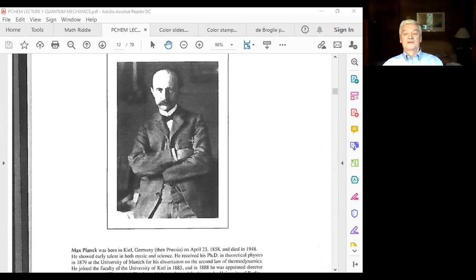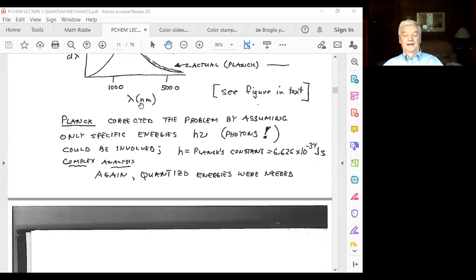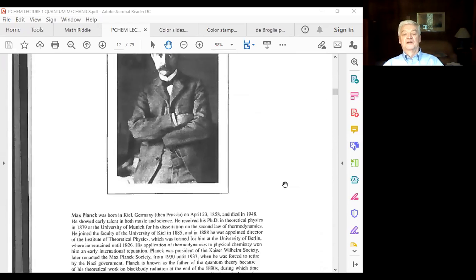I spent a summer at one in Munich in 2009, I believe. And they're a lot like our national labs, like Los Alamos National Lab, Oak Ridge, Lawrence Livermore Laboratory in California, and so on. Many people also consider him the father of quantum chemistry because he came up with an explanation for this particular formula.